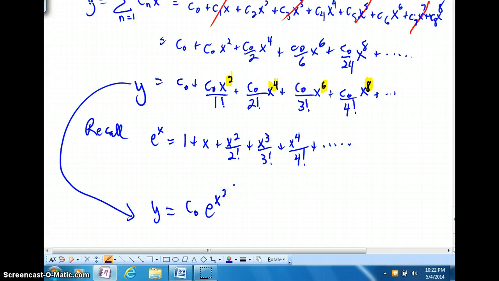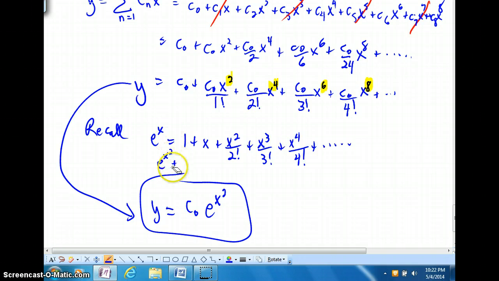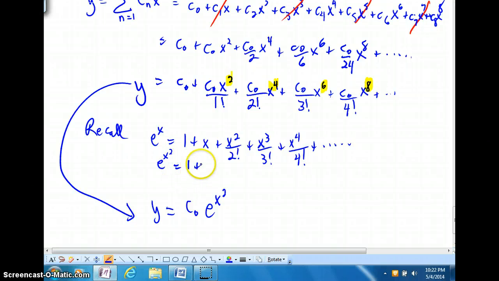E to the x squared is going to be our solution, because if I were to substitute in x squared everywhere where I saw an x, you would see very quickly that you'd get all those even powers that you're talking about in our solution that we saw up above.